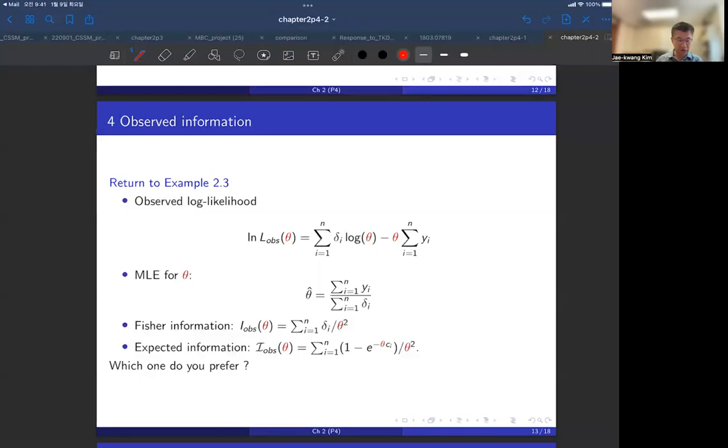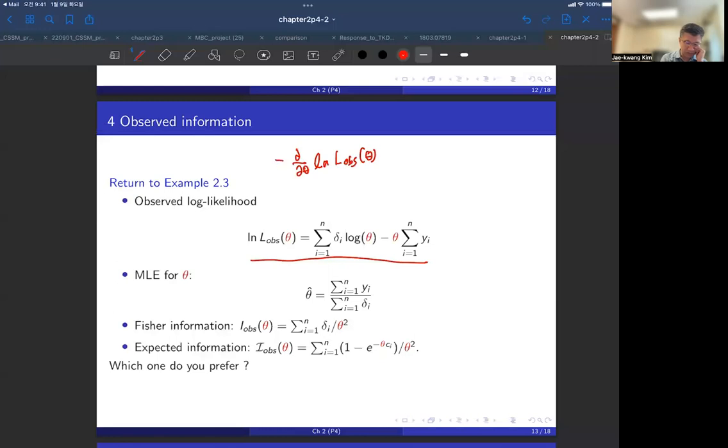Okay, let's continue. So remember the censoring data example. We have this likelihood, right? The exponential distribution, and so the MLE can be obtained by taking the partial derivative, which is the score function.